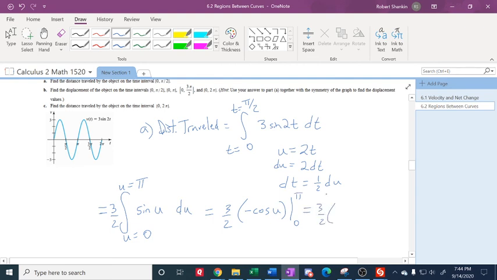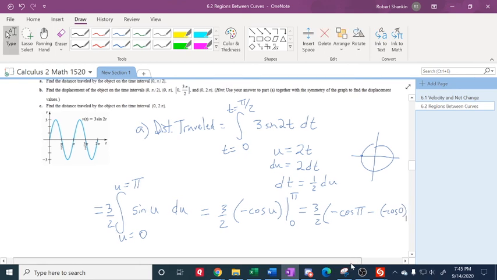When I substitute pi in there, I'm going to draw my little unit circle. Pi is way over here. Cosine is the x-coordinate of that point. So the cosine of pi is -1. The negative of the cosine of pi minus the negative of the cosine of 0.